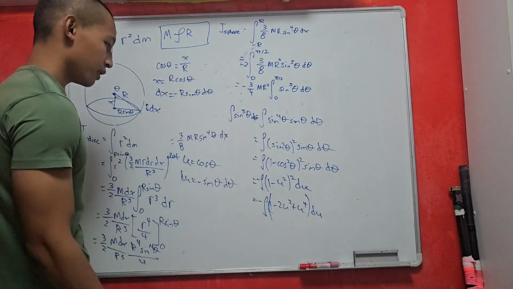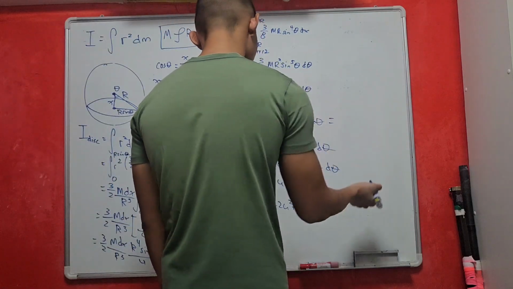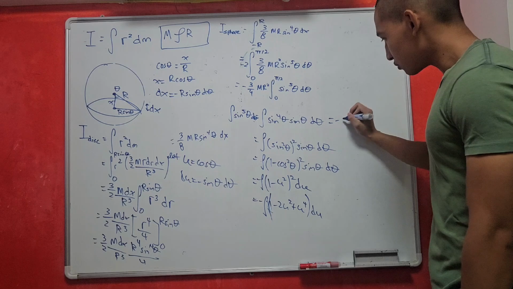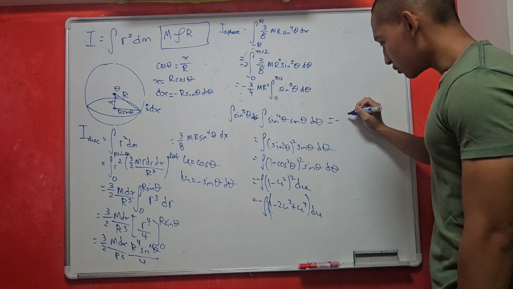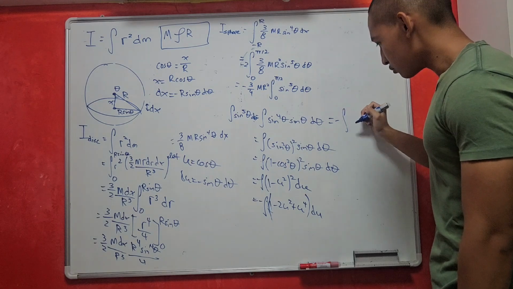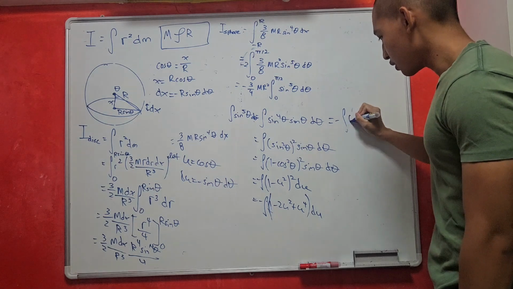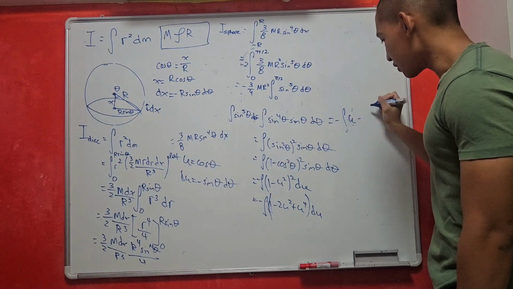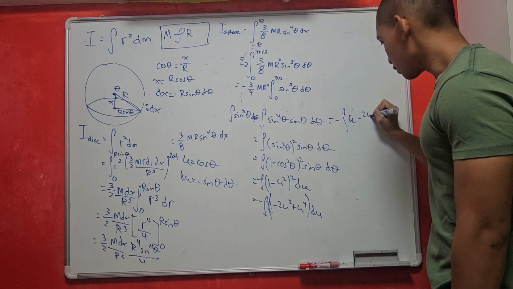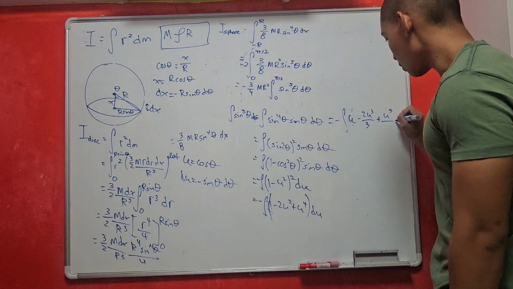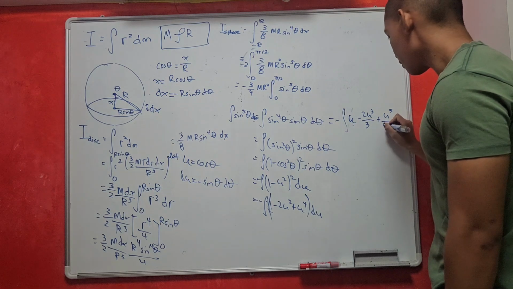Okay, then I can just simplify this to be u minus 2u cubed over 3 plus u to the power 5 over 5.